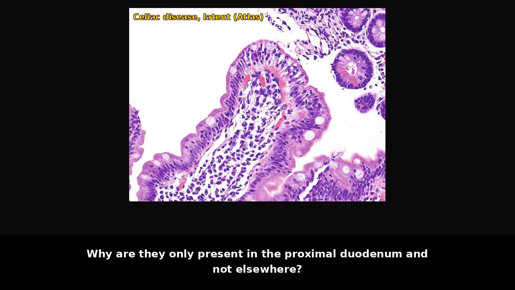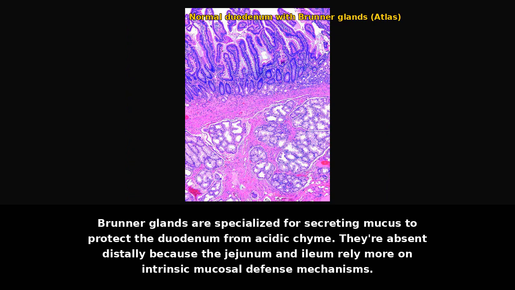Why are they only present in the proximal duodenum and not elsewhere? Brunner glands are specialized for secreting mucus to protect the duodenum from acidic chyme. They're absent distally because the jejunum and ileum rely more on intrinsic mucosal defense mechanisms.